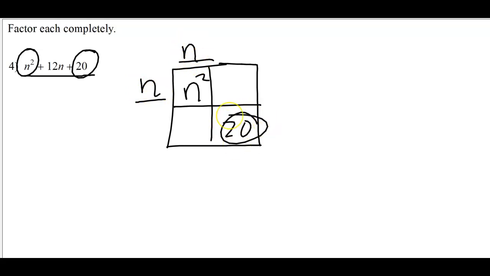Now 20, we have a couple of options. It could be 2 times 10, or it could be 4 and 5. Now I'm going to put 4 and 5, and then you fill in your box. So 4 times n is 4n, and then 5 times n is 5n.